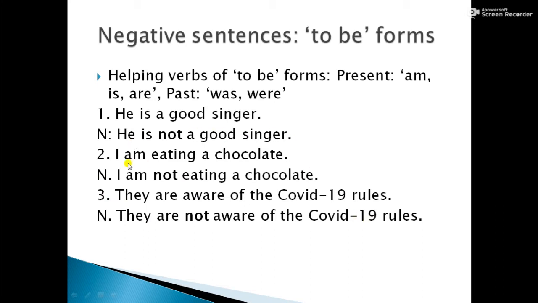Negative would be, he is not a good singer. I am eating a chocolate. I am not eating a chocolate. They are aware of the COVID-19 rules. They are not aware of the COVID-19 rules. So with the helping verbs is, am, are, we get is not, am not, are not.